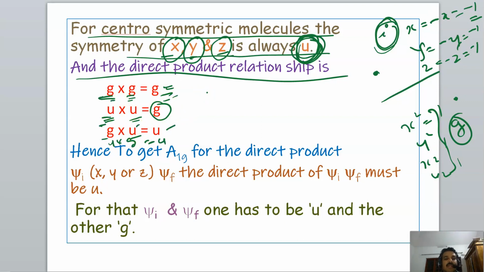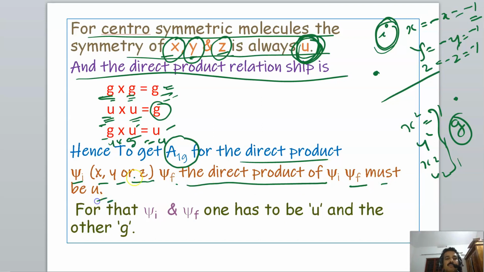Hence, to get the A1g for the direct product psi I, x, y or z, psi F, the direct product of psi I and psi F must be u. We know that x, y or z is u.